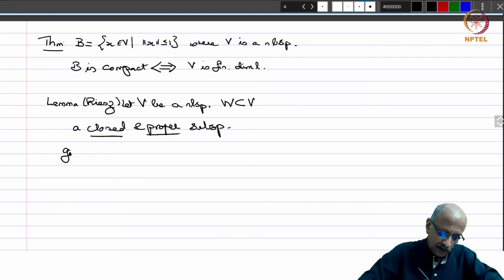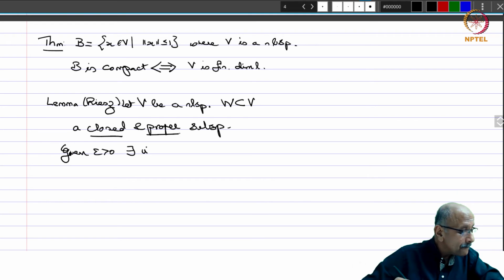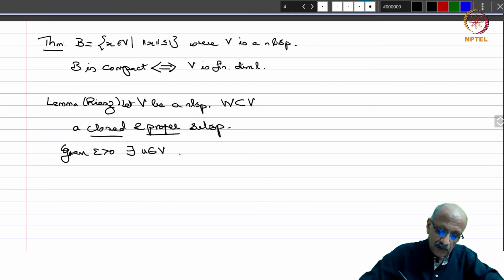Given epsilon positive, there exists a u in V such that norm u equals 1 and the distance of u from W is greater than or equal to 1 minus epsilon.